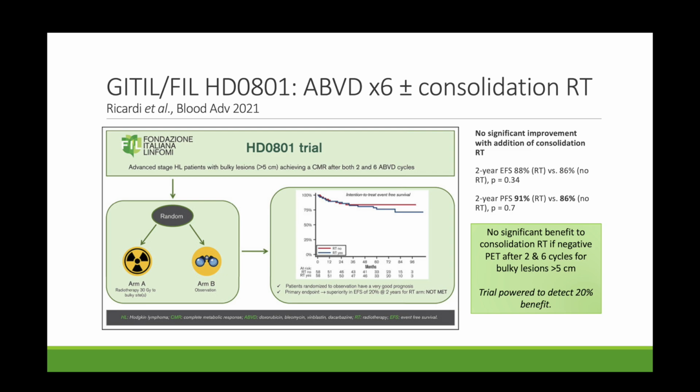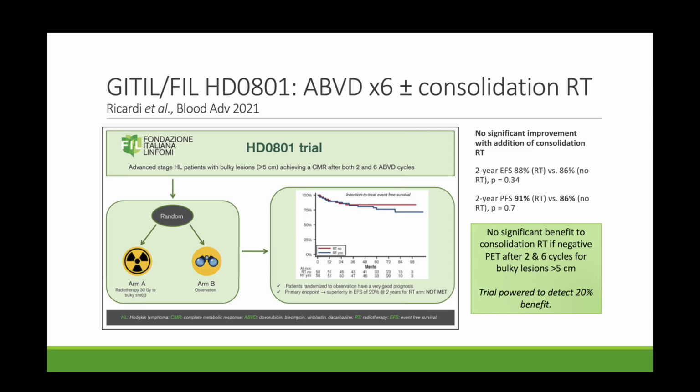And they found that there was no significant improvement with the addition of consolidative radiotherapy. The 2-year event-free survival was 88% with radiation versus 86% without radiation. And the 2-year progression-free survival was 91% with radiation versus 86% without radiation.